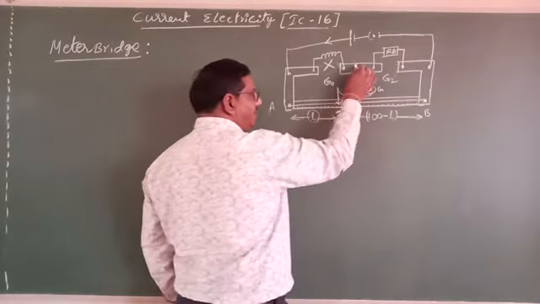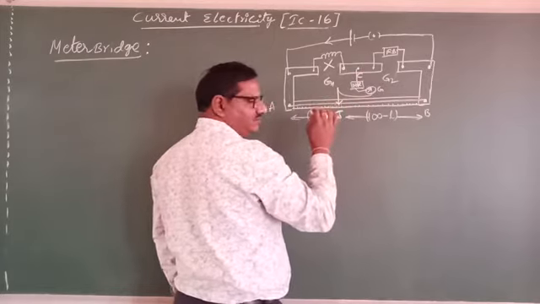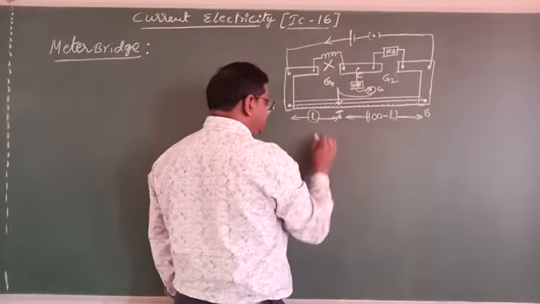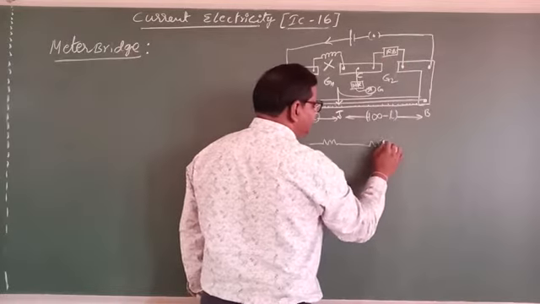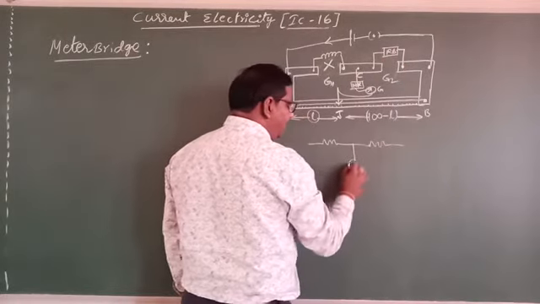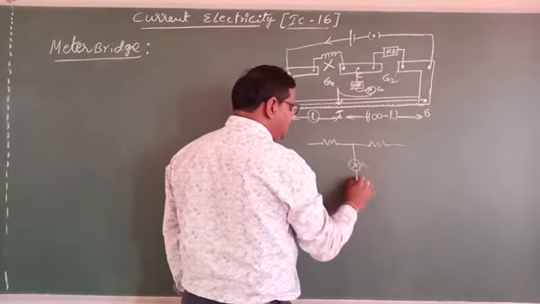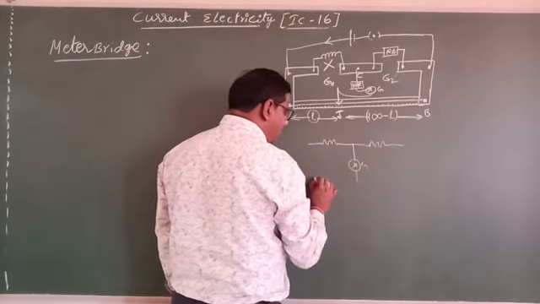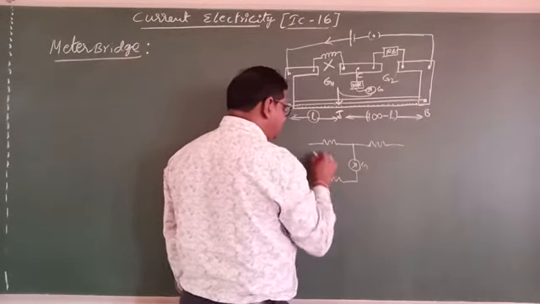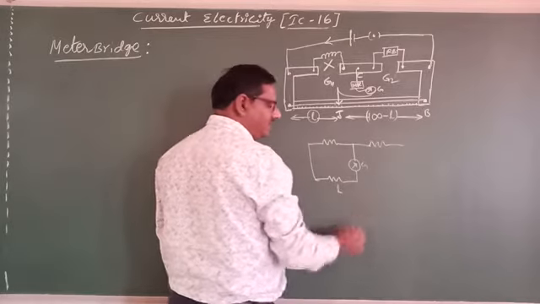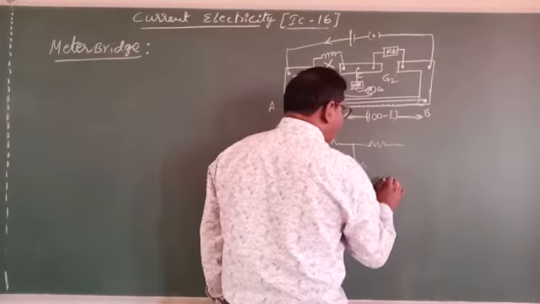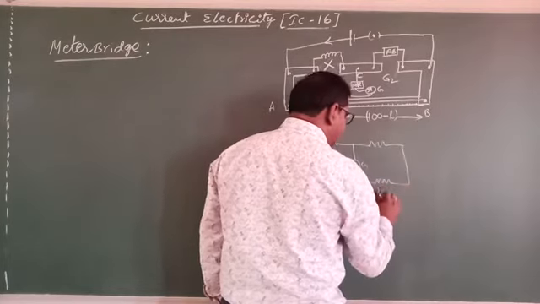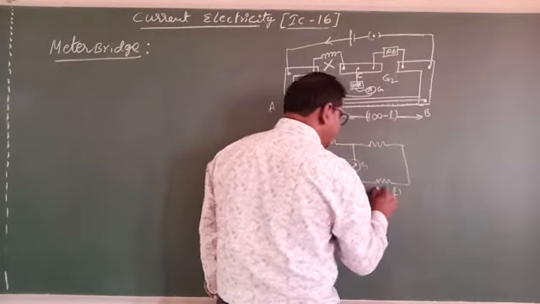This is one resistance and this is one more resistance. From C it is a galvanometer. The wire is also a resistance, in the form of L, and the rest is 100 minus L, also in the form of resistance.